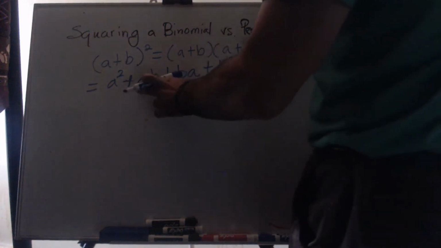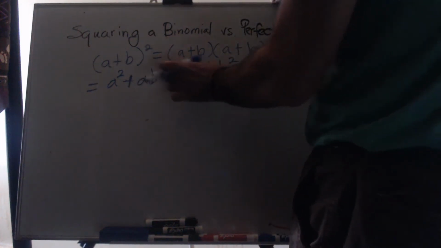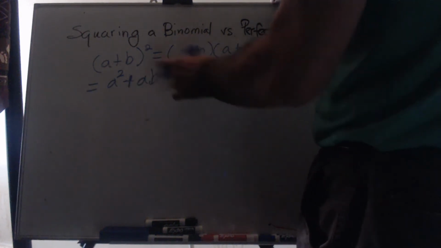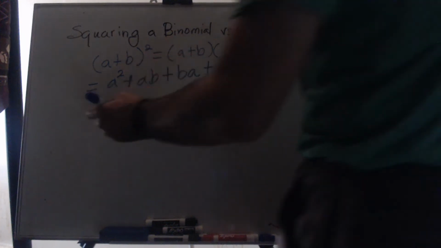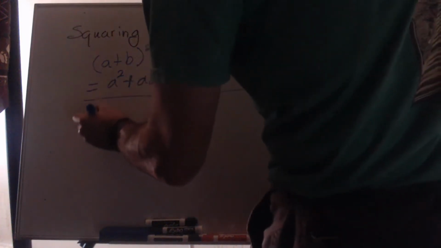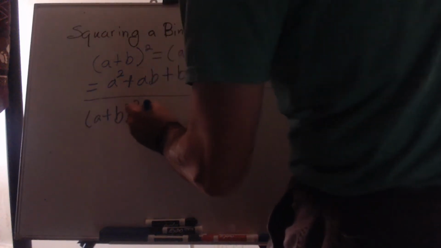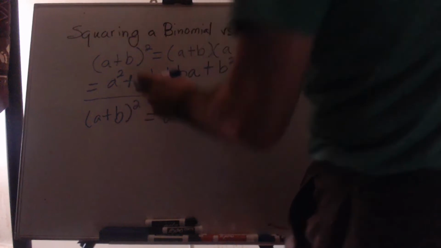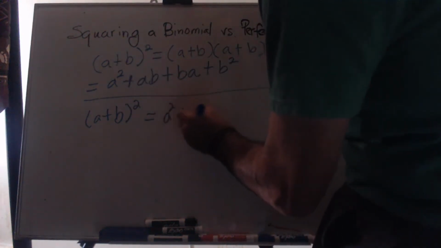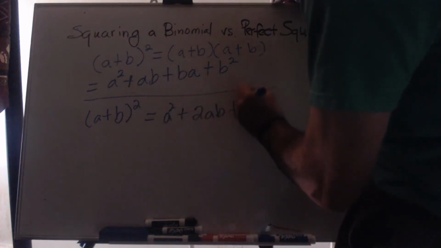Well, ab and ba, the order of the multiplication doesn't matter, so those are in fact like terms that we can combine. That binomial squared is equal to, since we're adding these two like terms, one of each, a squared plus 2ab plus b squared.